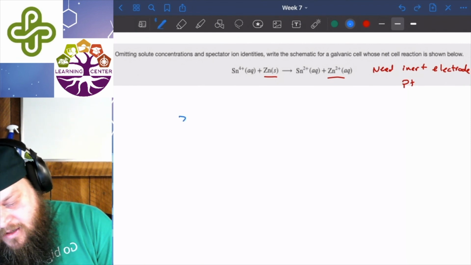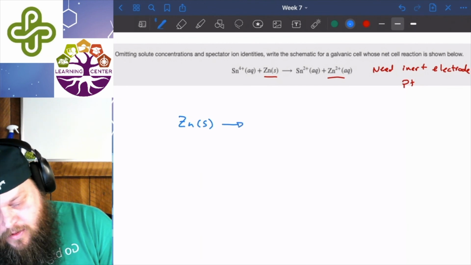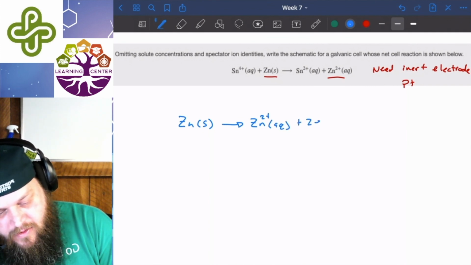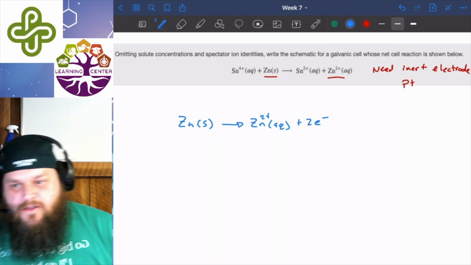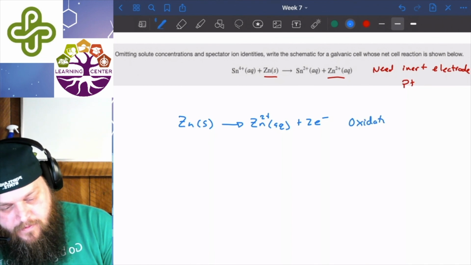For the zinc, it goes from a solid, and it produces Zn2+ aqueous, plus it must produce 2 electrons, balancing that charge on both sides of the reaction. That's our oxidation, which is the anode.